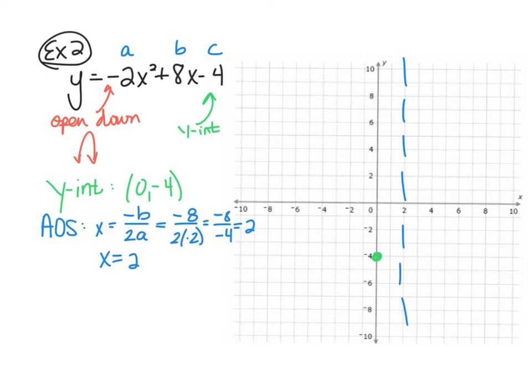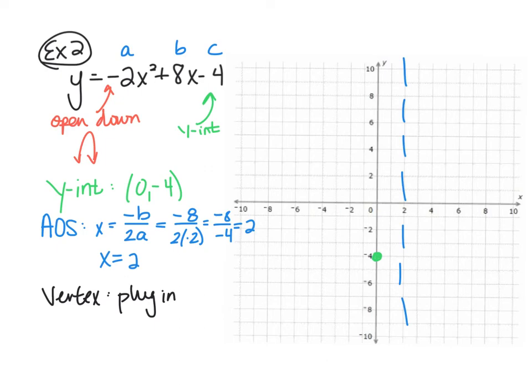Now, this part is very important. Remember, there is a point that's always on the axis of symmetry, and if you look back at your notes, you should realize that that is the vertex point. So to find the vertex, we're going to plug in that x equals 2 value into the equation.